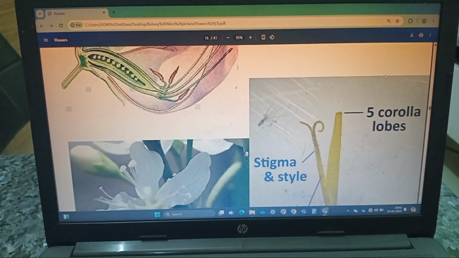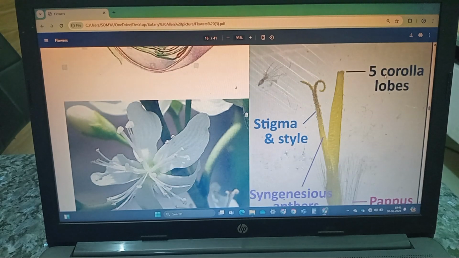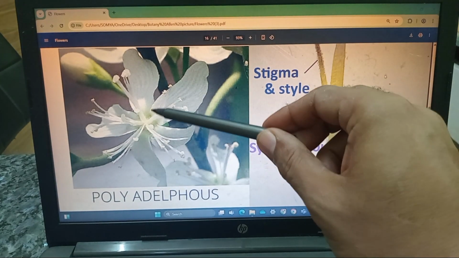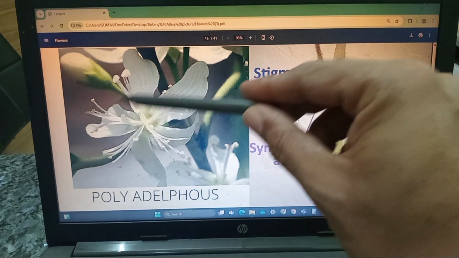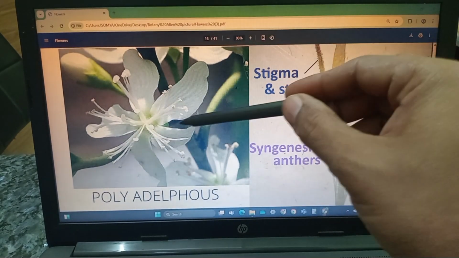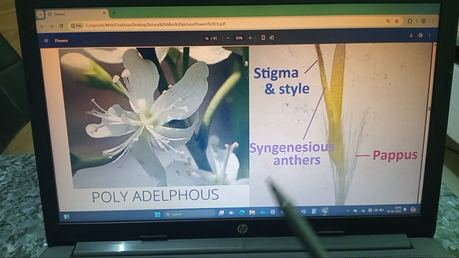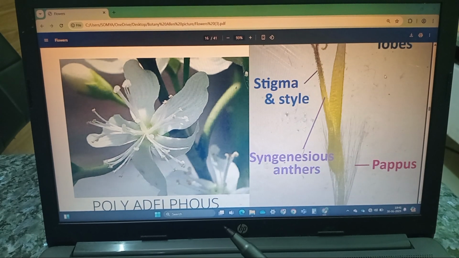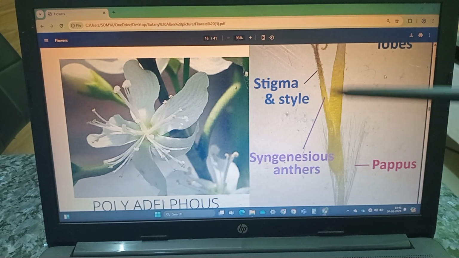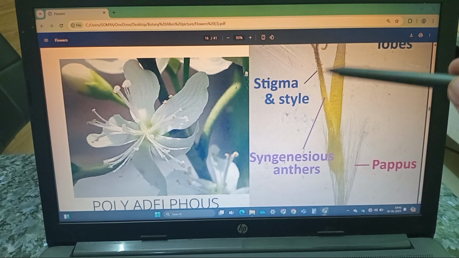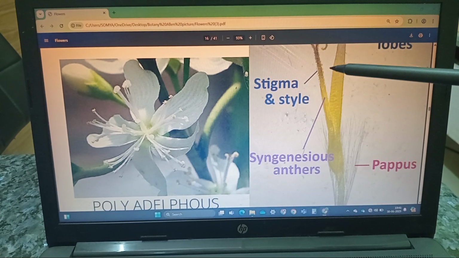Then this is the polyadelphous condition, in which the filaments of the stamens make multiple groups. It is found in citrus fruit such as lemon. Then there can be syngenesious condition, in which the filaments are separate but the anthers are united.